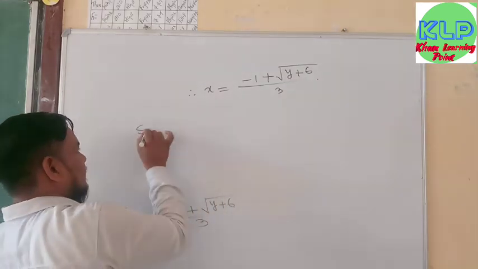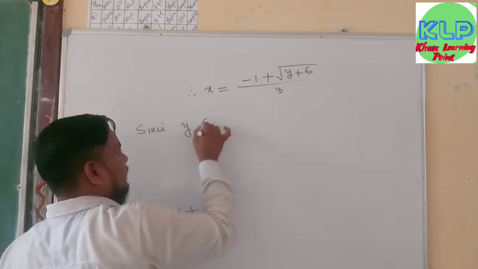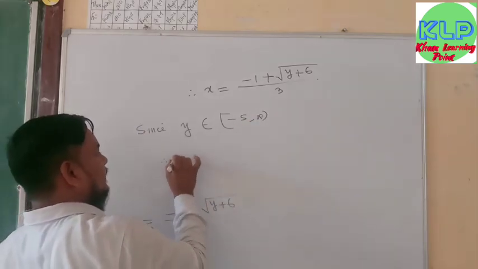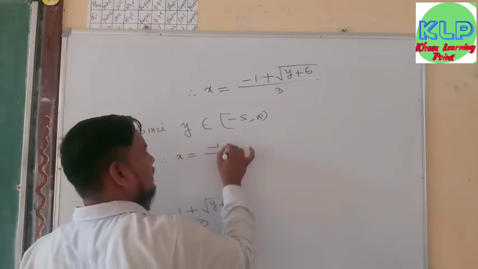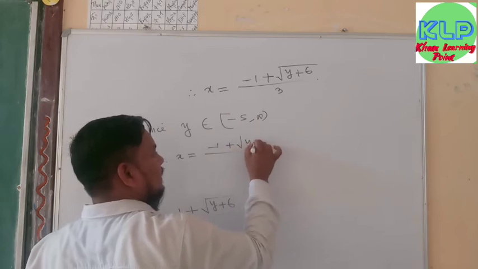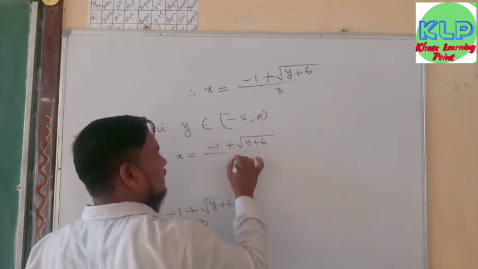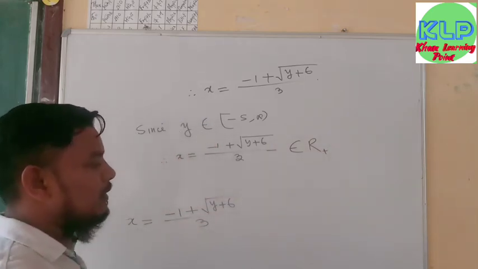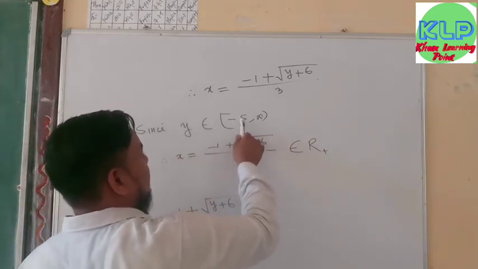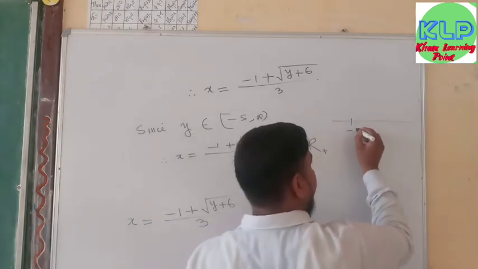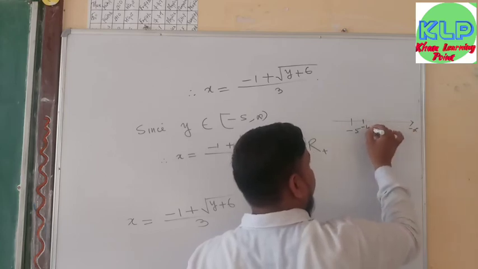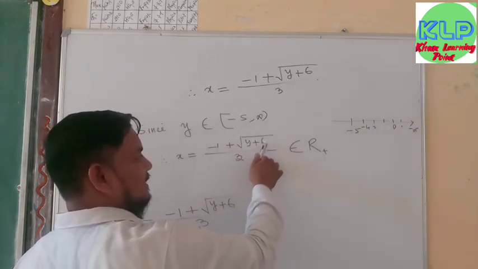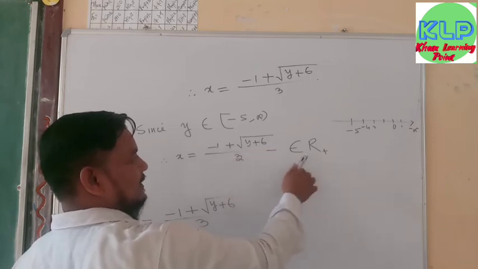Again, since y belongs to minus 5 to infinity, therefore x is equal to minus 1 plus root over y plus 6 divided by 3 must belong to R positive, because here y belongs to minus 5 to infinity, this is minus 5 and this is up to infinity, so minus 4, minus 3, up to 0, 1, whichever value we put here. If we put minus 5, minus 5 plus 6 that is 1, root 1 is 1, 1 minus 1, so it is 0, a non-negative real number.